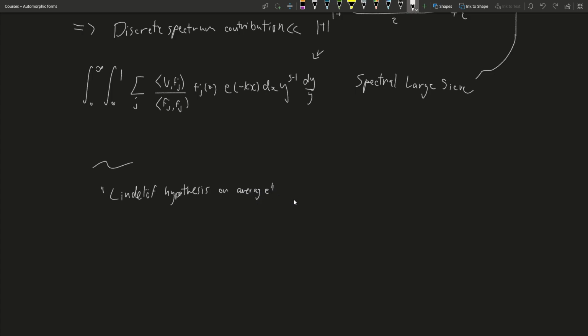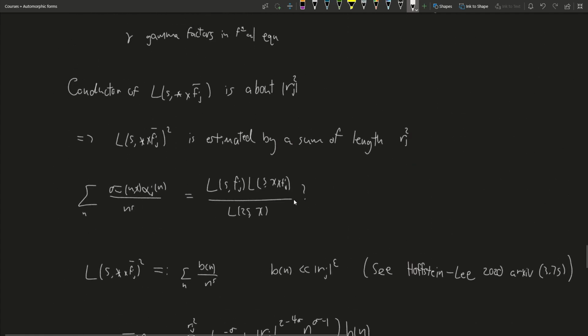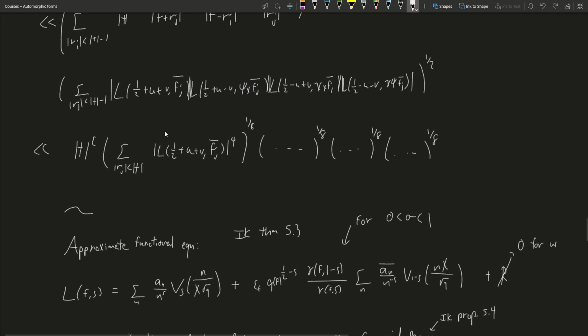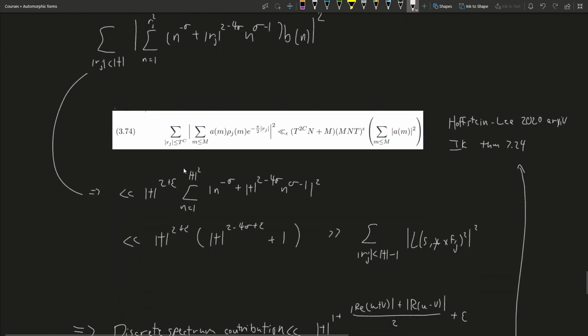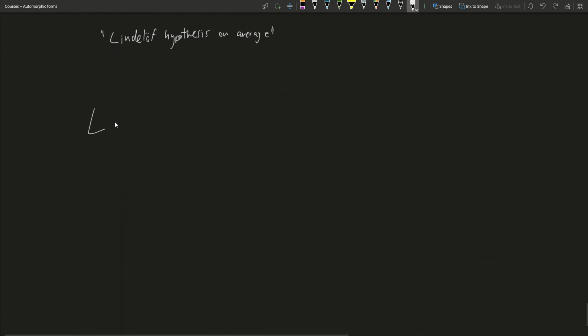And what does this mean? Well, if we think about the Lindelof hypothesis for these L functions, right? So we have L of 1/2 plus minus u plus minus v something times something times fj bar. Right, this has this L function s to 1 minus s, and we have this picture for the exponent where, because of the functional equation, we're doing this, right?